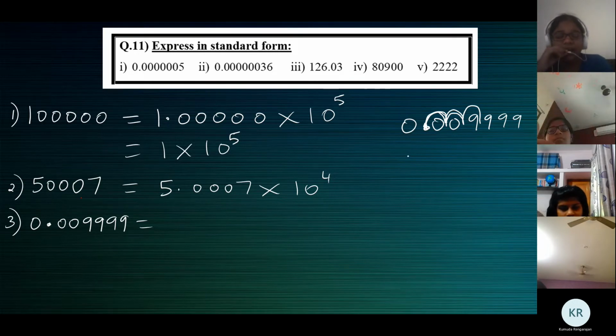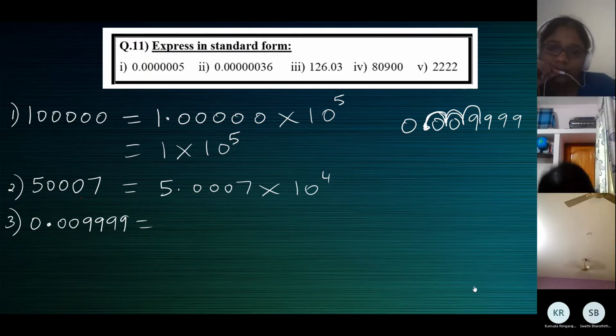Ma'am, is it 9.999? No, I'll just give you some time. 1 minute. And there should be 3 nines after the decimal. Nandana, 1 second, I'll just get back.